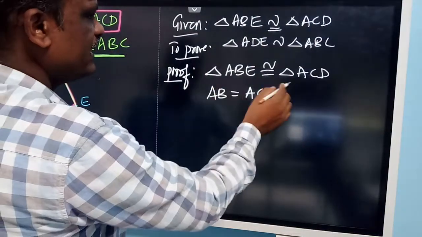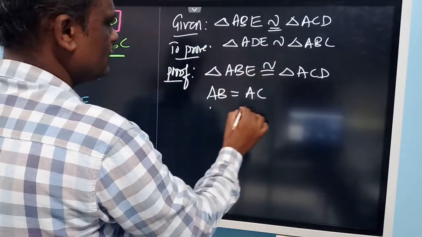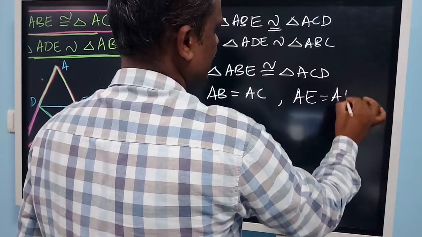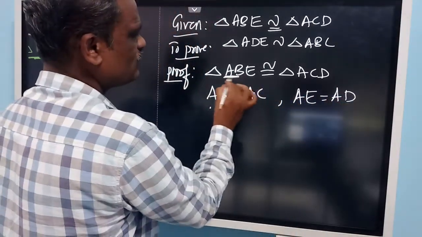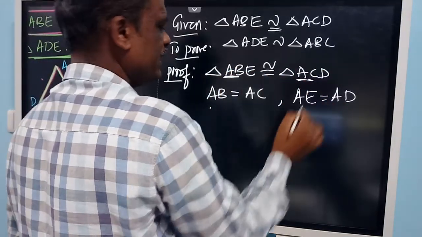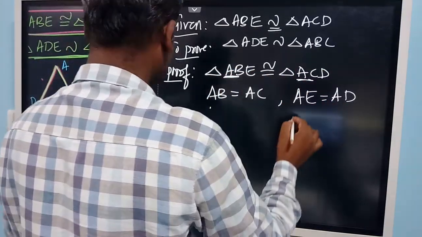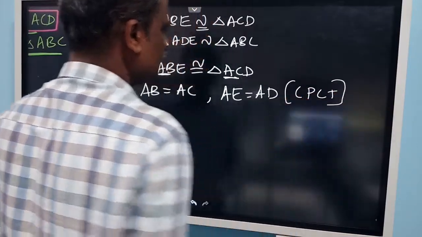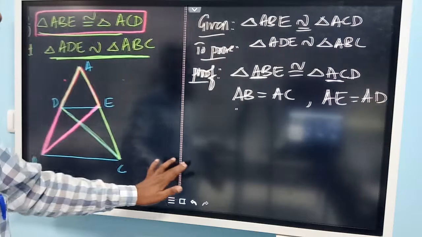Similarly, AD is equal to AE. See, AB first two, here AC first two. AE first and last, here AD. Because these are corresponding parts of congruent triangles, CPCT.